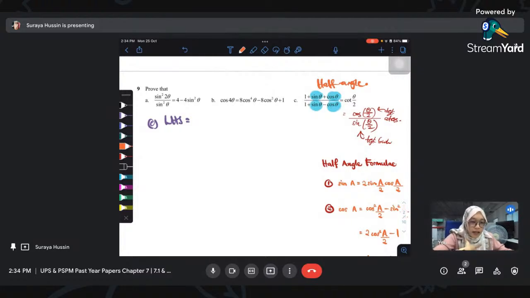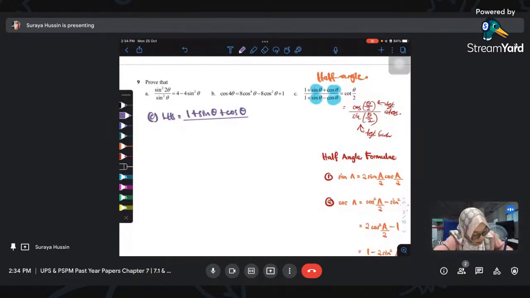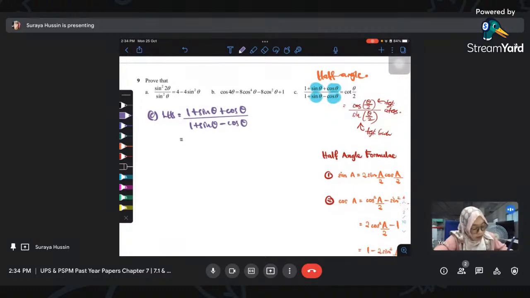When you do a lot, you can imagine already. So left hand side, I'm going to start with 1 plus sin theta plus cos theta over 1 plus sin theta minus cos theta. So dekat sini, we can apply the half angle formula.